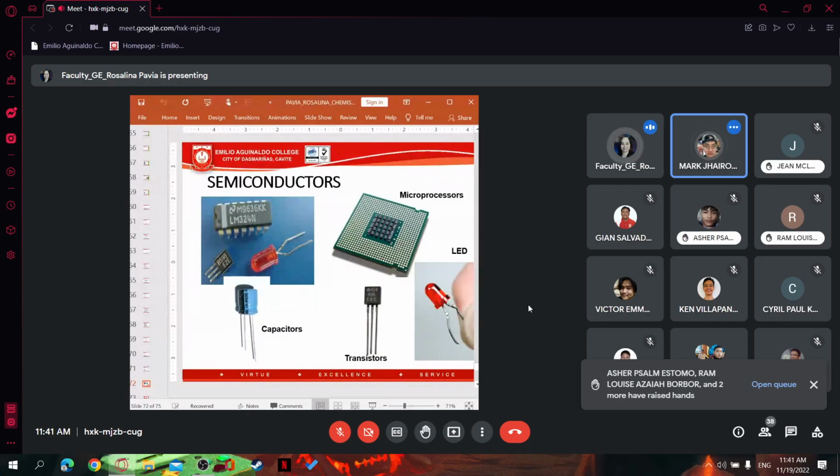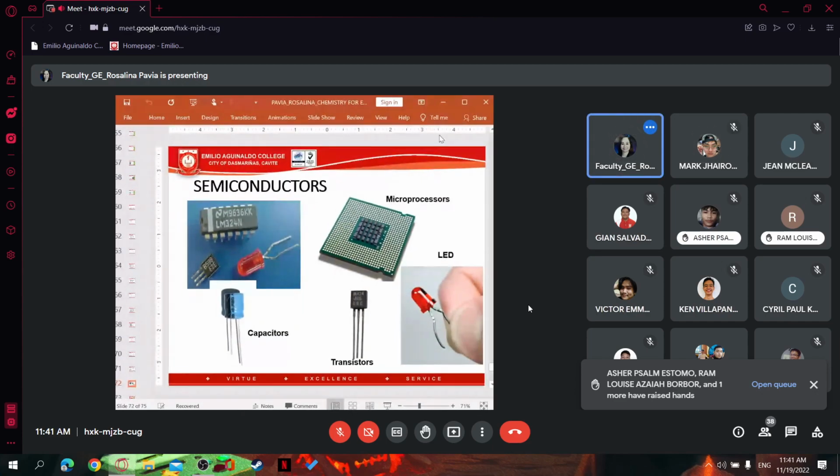Cathode ray tube po, ma'am. Okay, cathode ray tube. CRT.